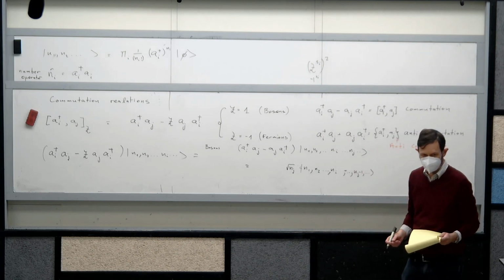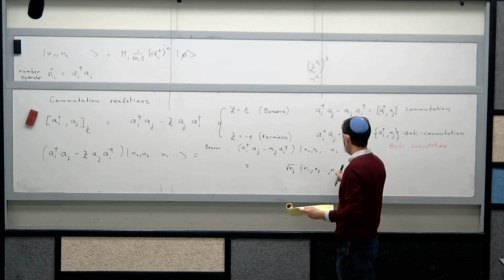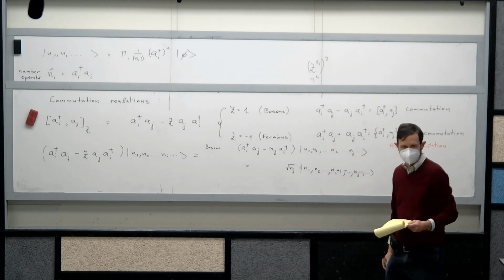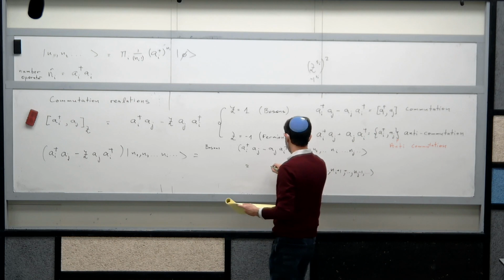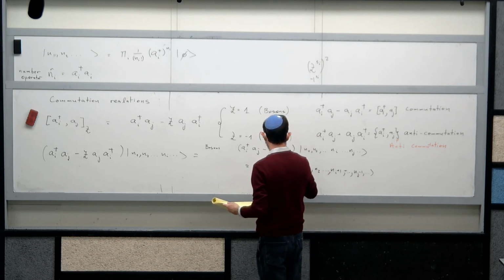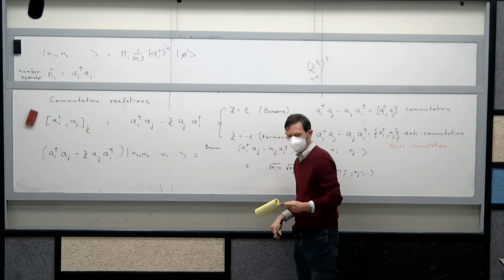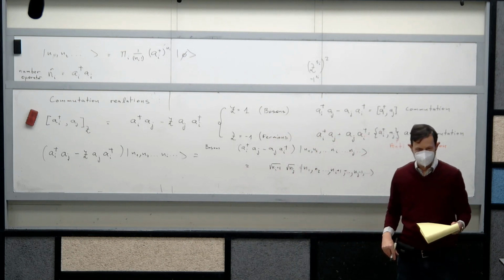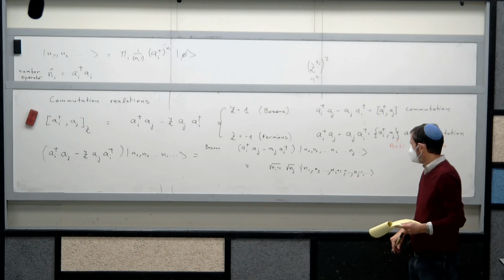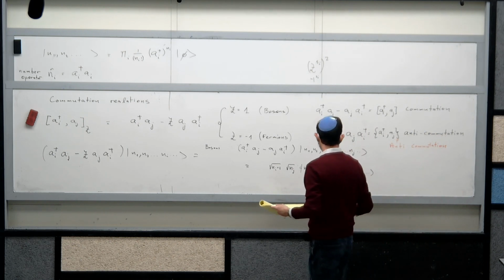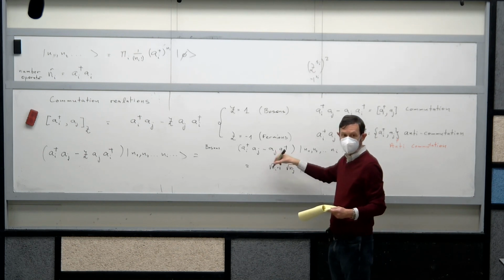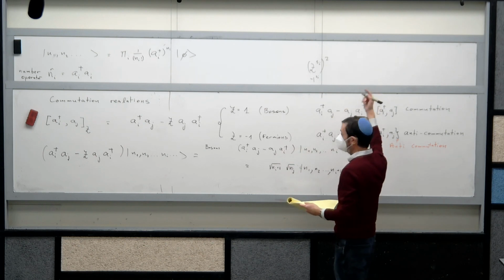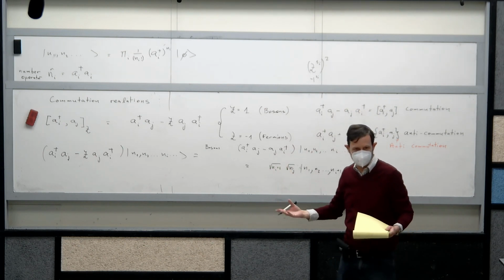Then I create a state at ni. Order here is not important because this zeta to the power si doesn't play any role for bosons.